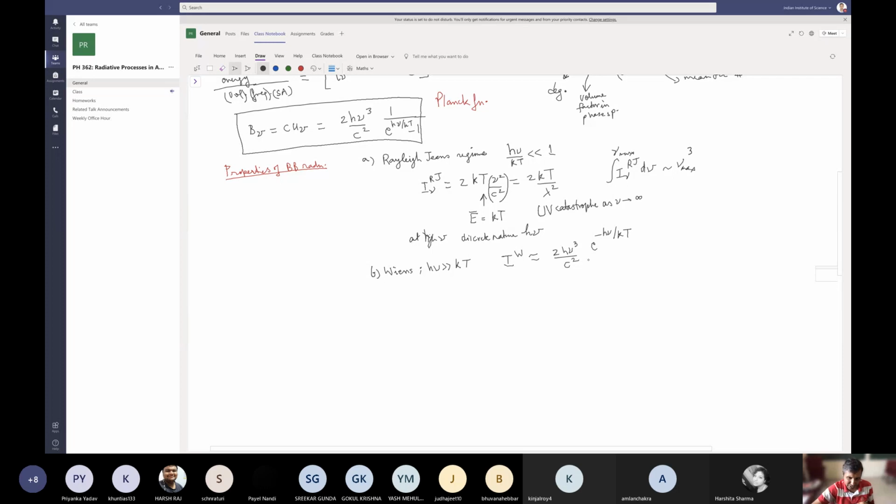So this gets the exponential fall at high frequencies correctly, due to the discreteness of photons. The number of states keeps increasing, but there has to be another factor which accounts for the fact that the number of photons at high frequency should fall, and that is this Planck factor, the occupancy factor: the occupancy becomes smaller and smaller as you go to high frequencies.